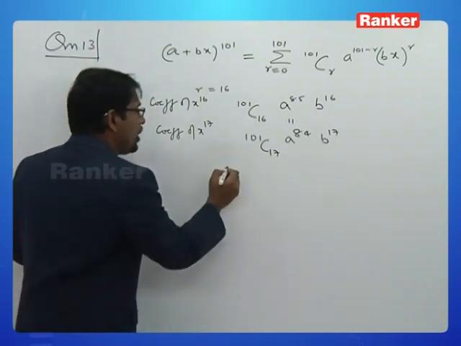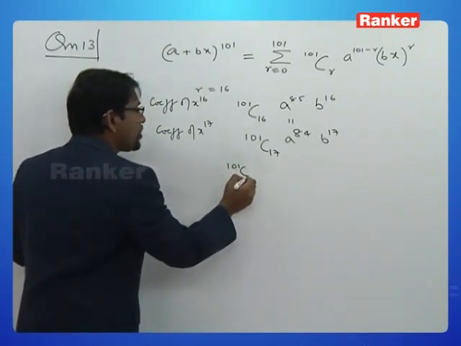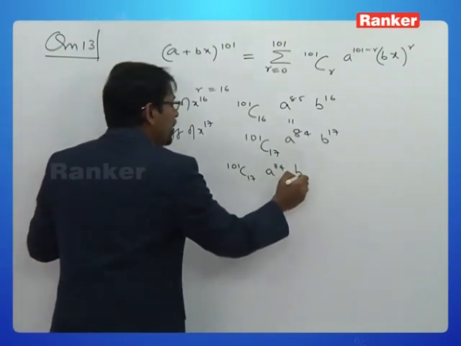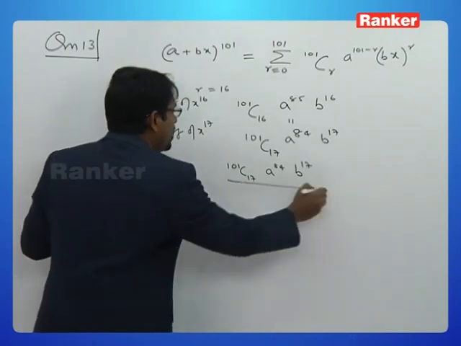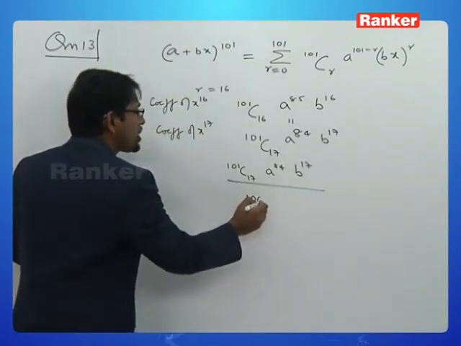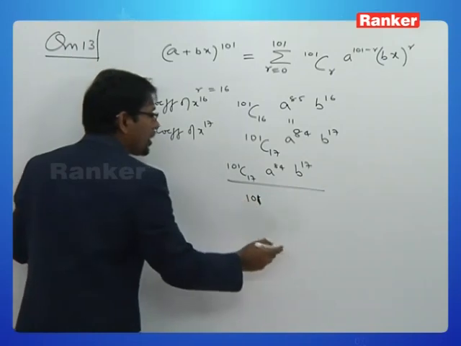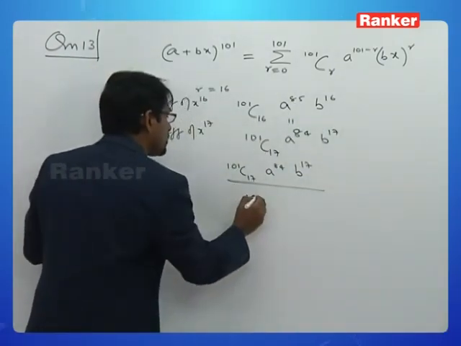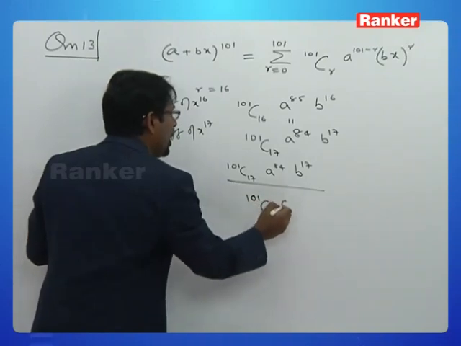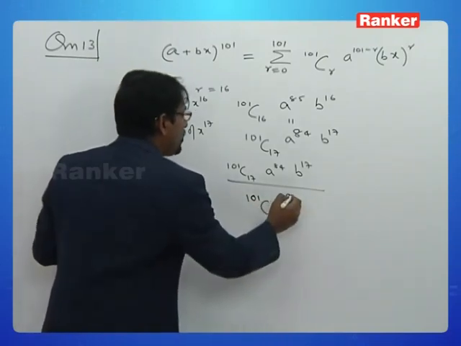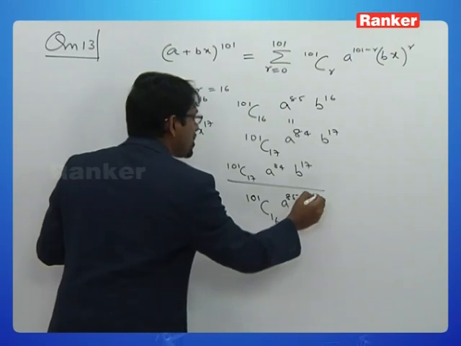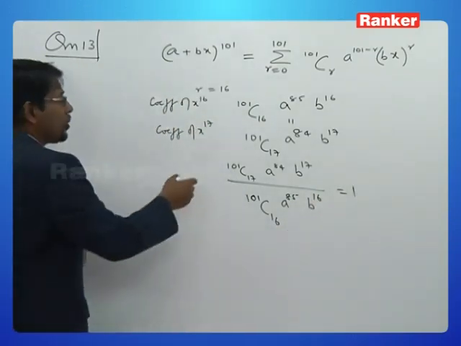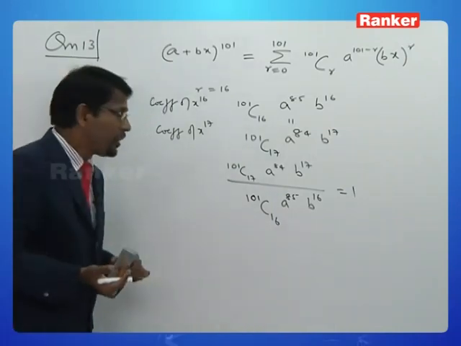So I'll go for 101 C17 into a power 84 b power 17 divided by 101 C16 a power 85 b power 16, that should be equal to 1. The two numbers are equal, therefore the quotient should be equal to 1 there.